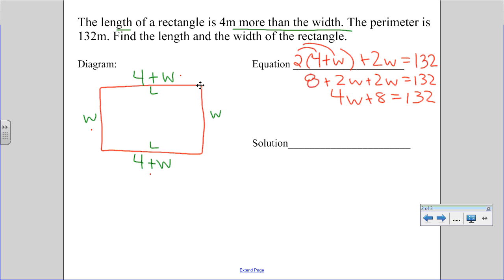The other way is to look at what's going on in the problem. I have 1, 2, 3, 4 W's. I have 4 plus 4, and that gives me 8. So the second way in blue is visualizing what's happening. It's actually going around this rectangle and adding up like terms, adding up all the sides. Well, now regardless of which equation you write, they end up being the same, we're going to now solve them.